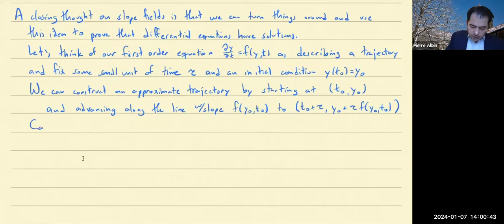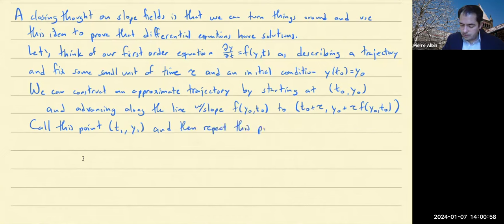Right? Okay, call this point t1 comma y1, and then repeat this procedure to find a point t2 comma y2, right?